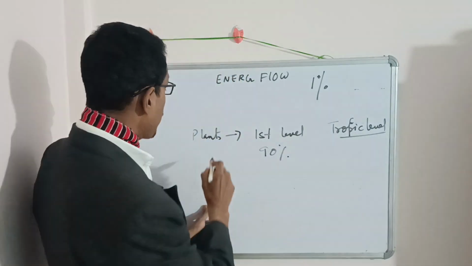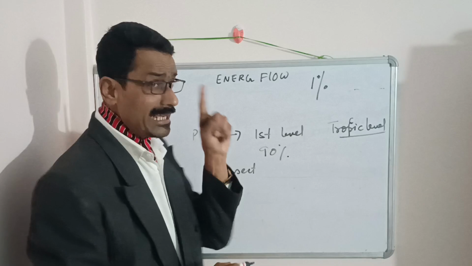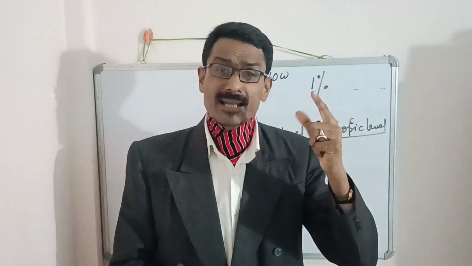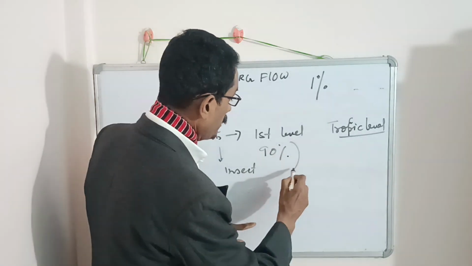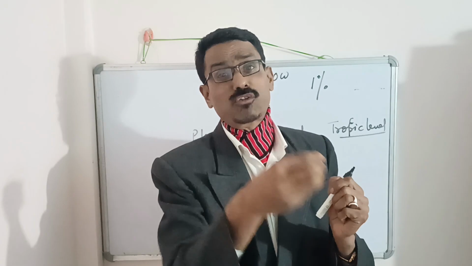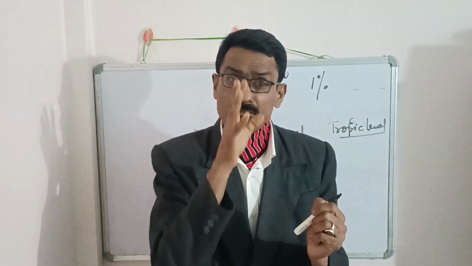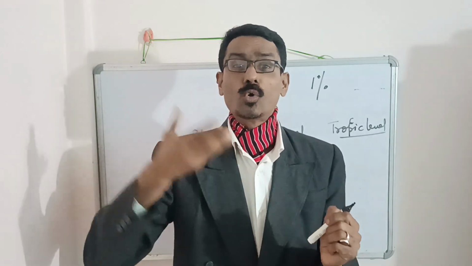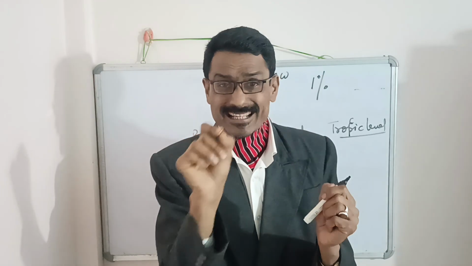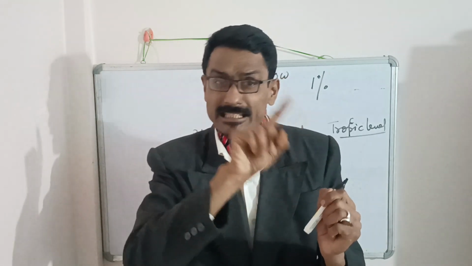The plant is eaten by the next level, the insect. And the insect is getting only 10% of the energy from the plant, of that production of photosynthesis. Of that, 90% has been utilized for the plant's growth, development, respiration, and other factors. When an insect eats a leaf, it gets energy from the plant, but only 10%.